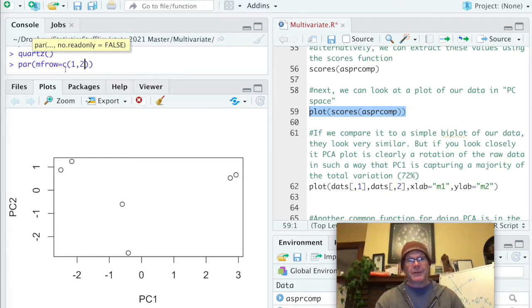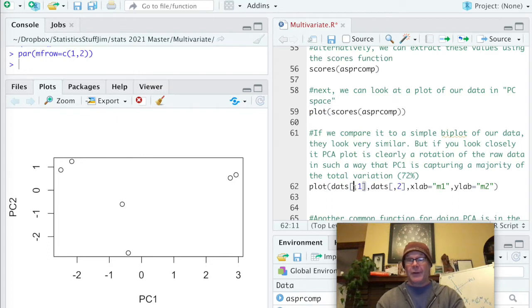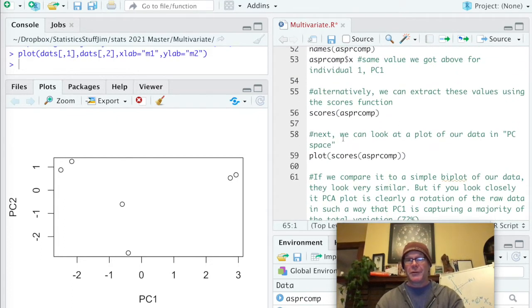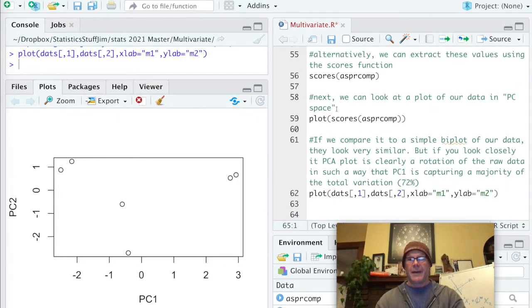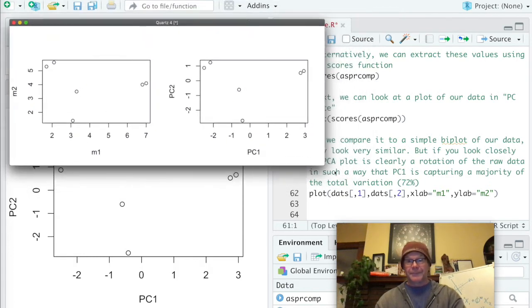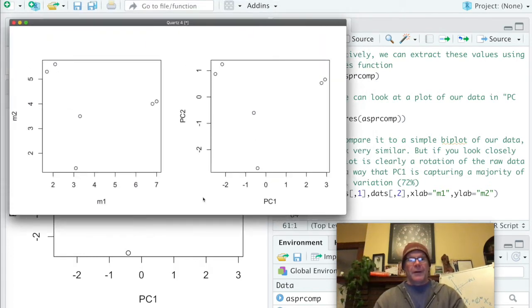That's just a little bit of chicanery to make it plot two things on the same plotting surface. And then here's our raw data, which I will show you in a second. And then that is our PC data. And now I will take the mystery away and put it here. Okay, so here's our raw data.